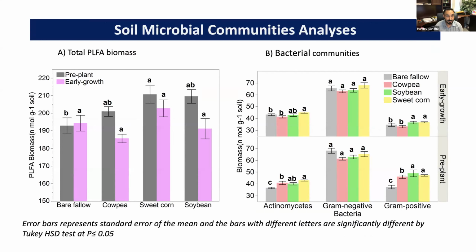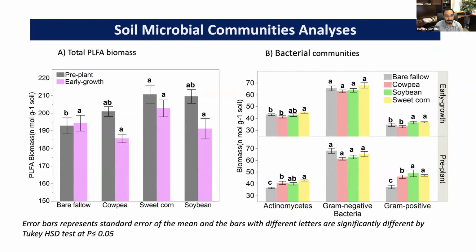Soil microbial communities: we took samples before we planted sugarcane and at the early growth stage of sugarcane. After we took out the rotation crops, we planted sugarcane within 2 to 3 weeks.